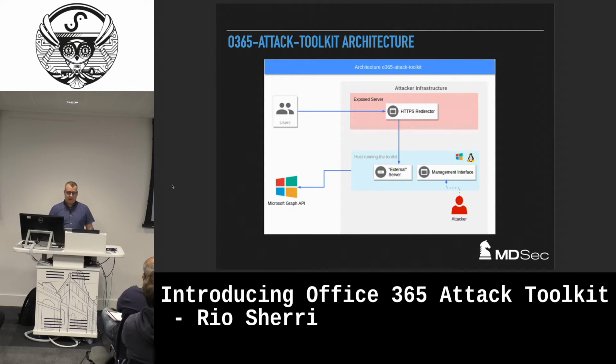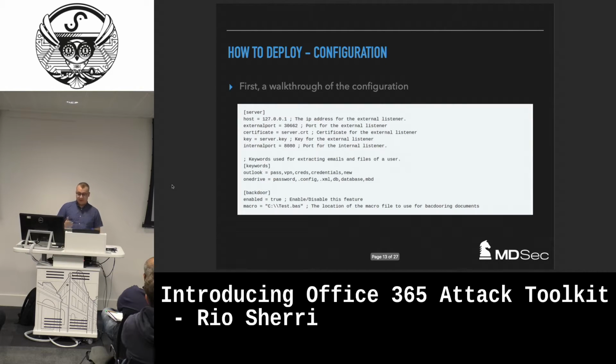Then the host running the toolkit, the backend service, will call the Microsoft Graph API and perform all the attacks, and then we as an attacker can use the management interface to inspect all the data. I will get back to why we need such an isolated architecture later on. But first, let's see how we can deploy it.